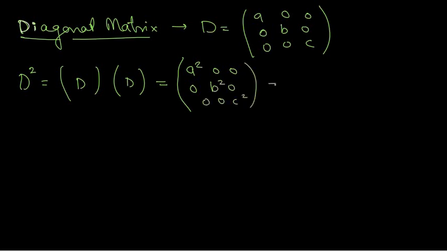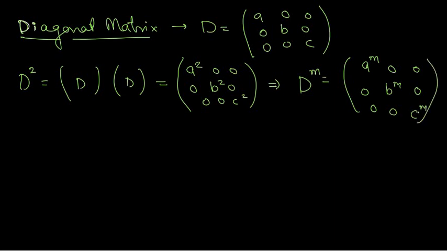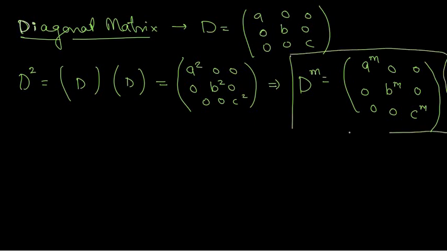In the same way, if I ask what is D raised to power M, you can simply conclude it is A raised to power M, B raised to power M, C raised to power M on the diagonal. This is a special matrix with just a diagonal form. So let's study the diagonal form first.